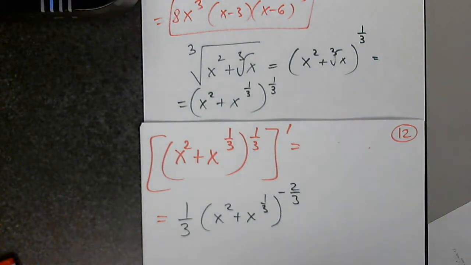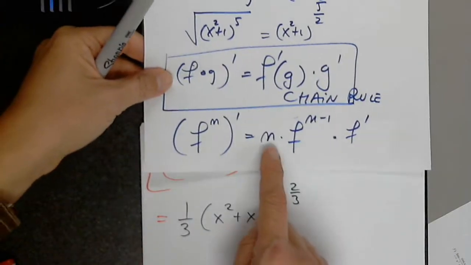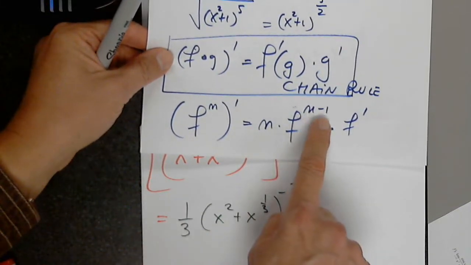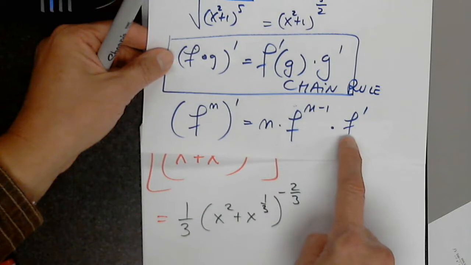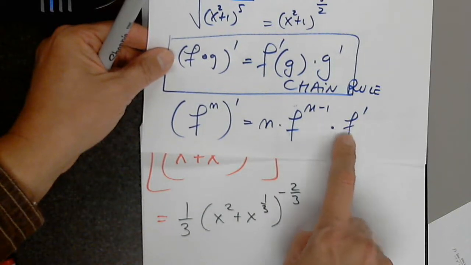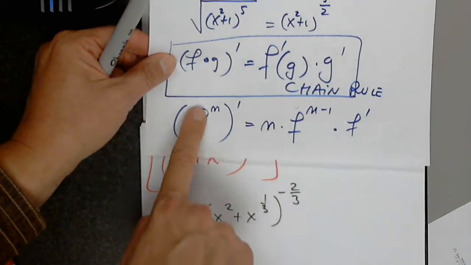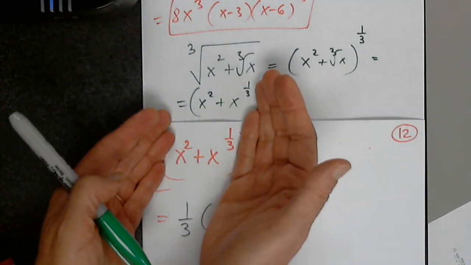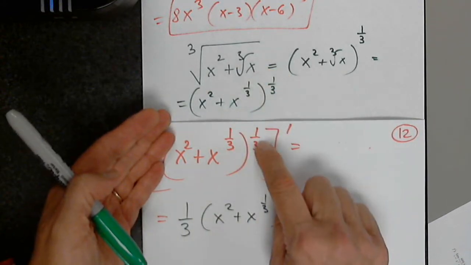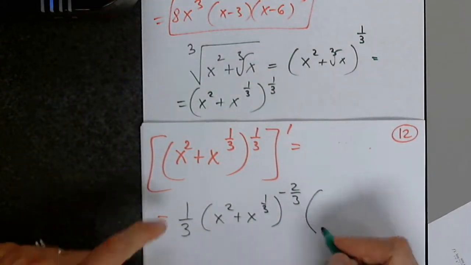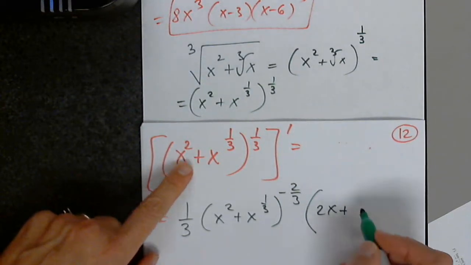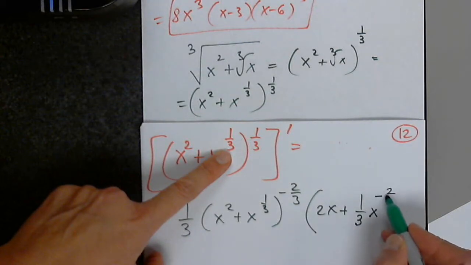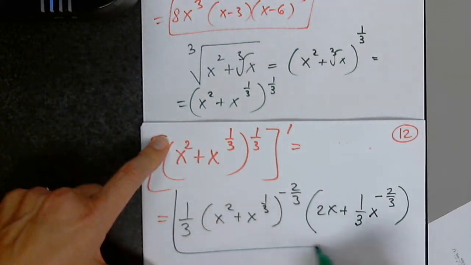So all I did so far was bring n in front and subtract 1 from the power of this function. Now I'm here. This is the inner function prime. This is the inner and this is the outer. So now this is my inner function and I have to differentiate it. That's the outer. So now multiplied by, very good, plus 1/3 in front, x2, that's it. Don't try to do anything here, this is good enough.